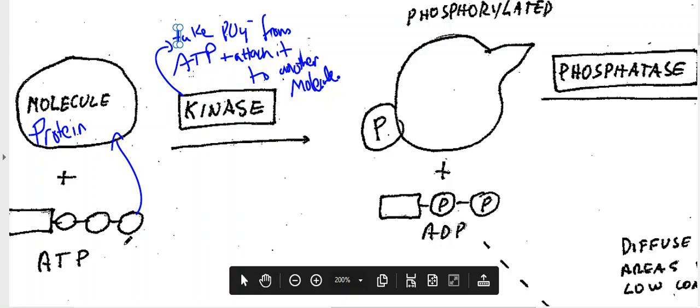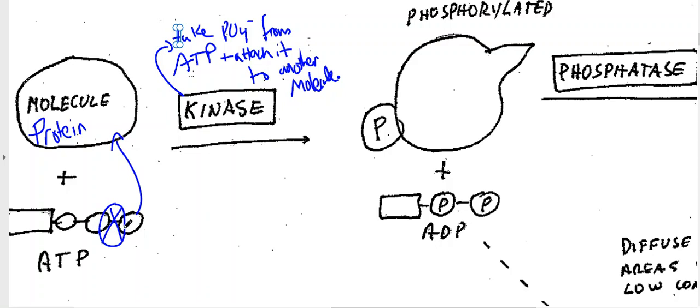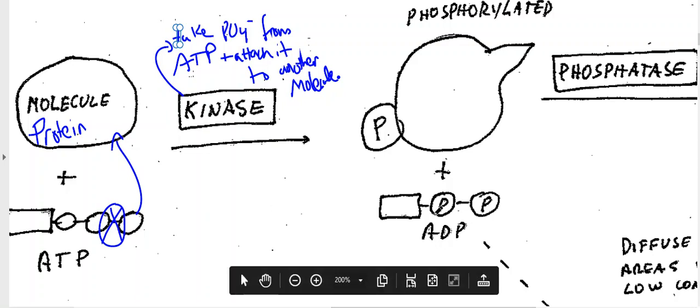So this kinase rips off this third phosphate. You've broken this bond over here, right? And in doing so, you release quite a bit of energy. And what you're left with now is ADP, because that third phosphate has been removed and attached to this molecule, our protein molecule.